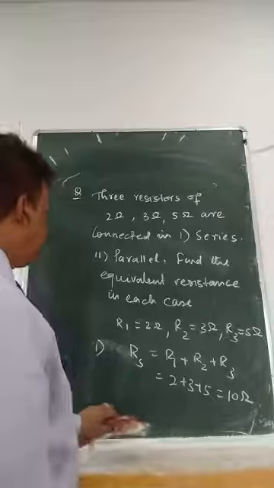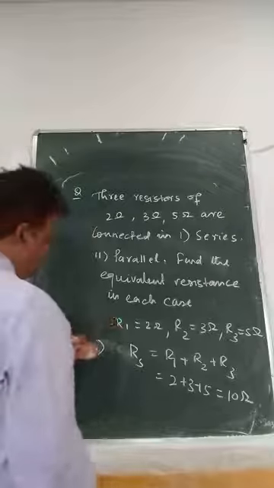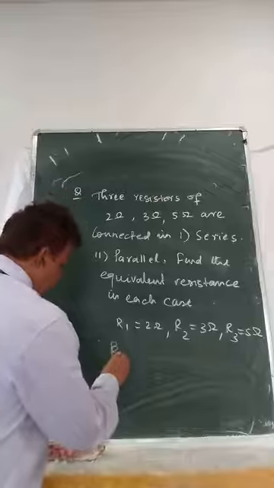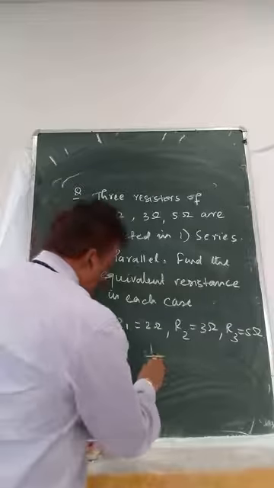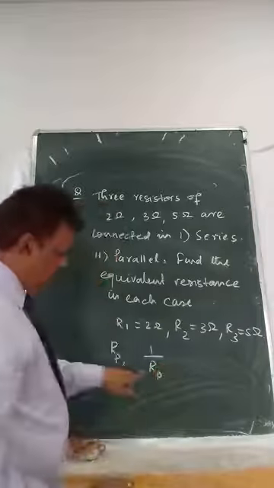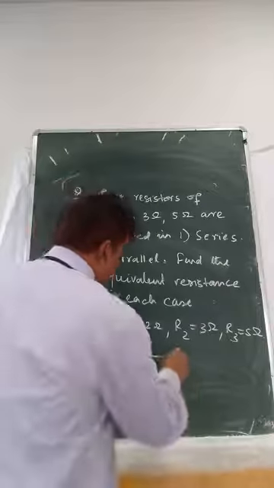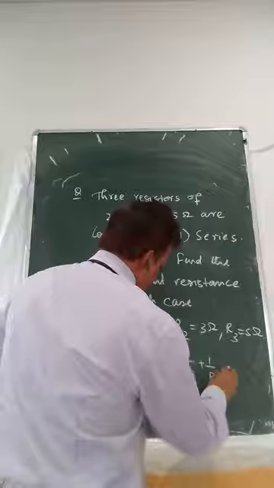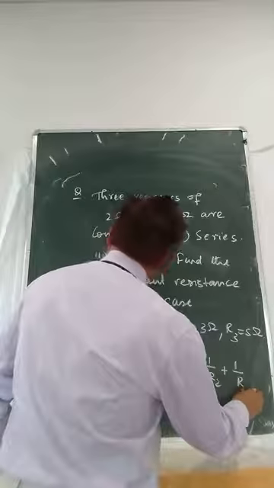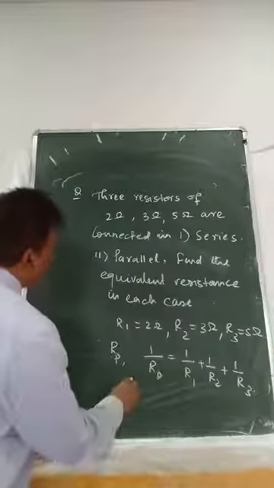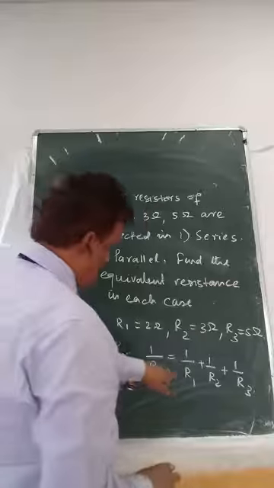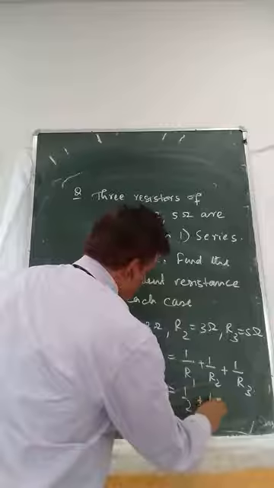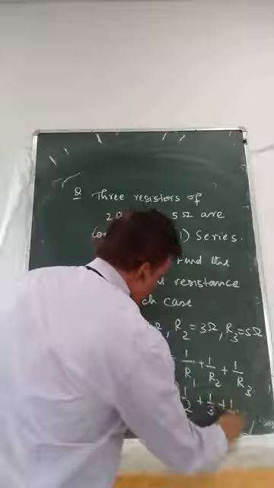Now resistance in parallel, the second part. So 1 by Rp you write. Resistance in parallel equals 1 by R1, 1 by R2, 1 by R3. That means what do you get? 1 by 2 plus 1 by 3 plus 1 by 5.